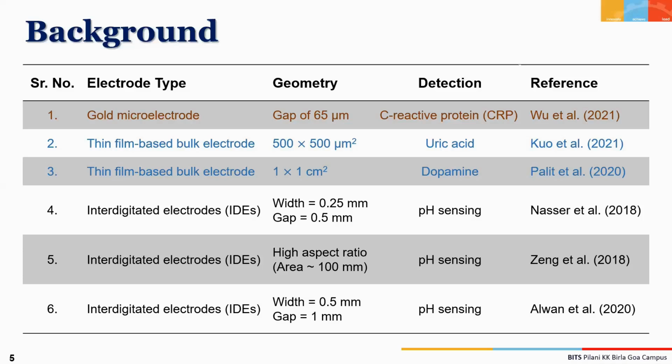But there was not much work on the biosensing side, more on pH sensing, and on the biosensing side they have used mostly the bulk electrode. So this work evaluates the use of this micro IDE as an extended gate electrode, and the effect of that.